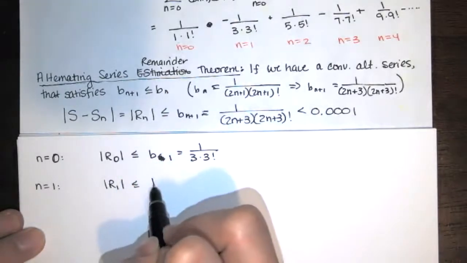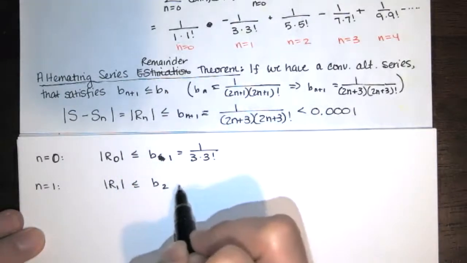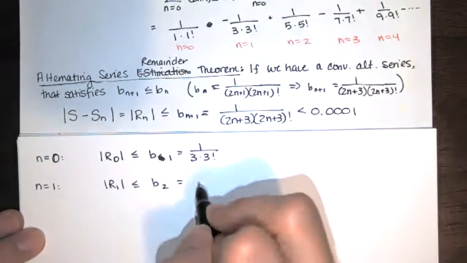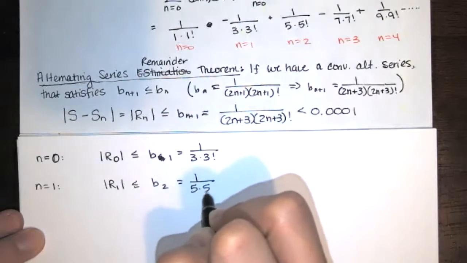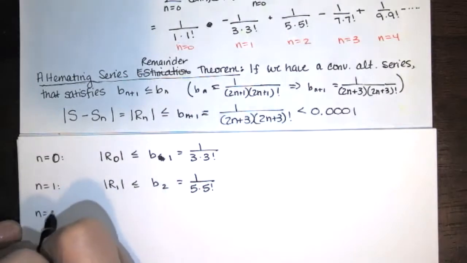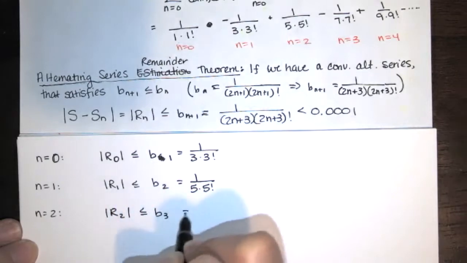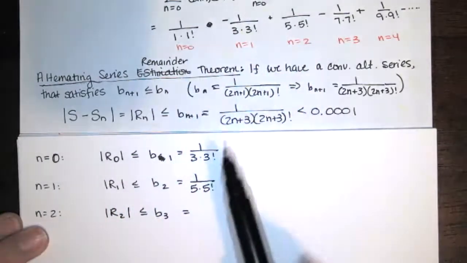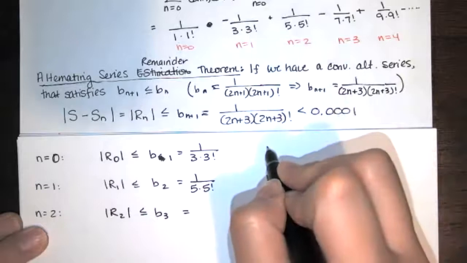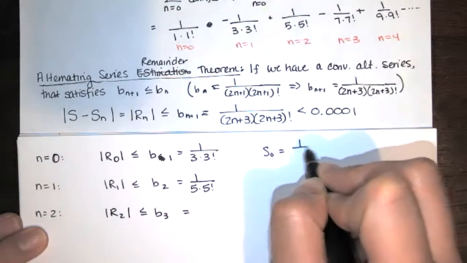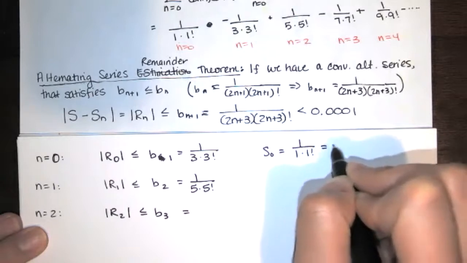Well, that is going to be off by no more than b sub 2, which is what we get when we plug in n equals 2, 1 over 5 times 5 factorial. So I'm just going to write out a few of these. I think we can see the pattern. It's basically the next term. Here I'm using just that 0th partial sum, which is 1 over 1 times 1 factorial, which is just 1.